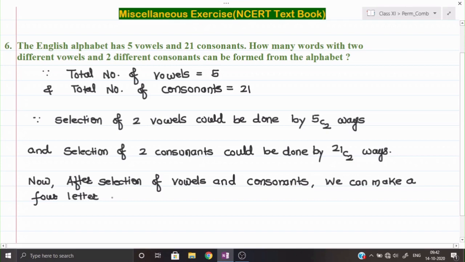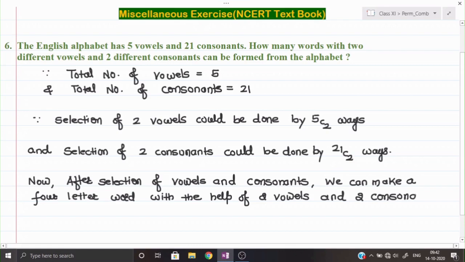We can make a 4-letter word with the help of 2 vowels and 2 consonants, because 2 vowels we have selected, and 2 consonants, by 4P4 ways. I have explained to you how 4P4 is coming here. Okay, so we shall write down here 4P4 ways.